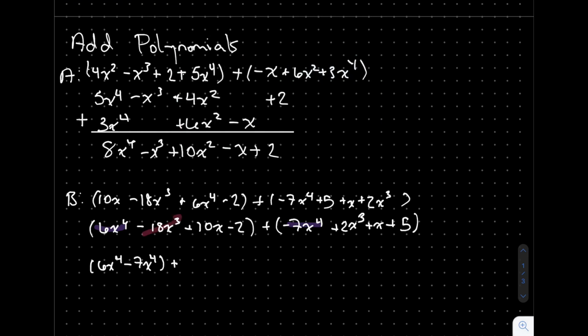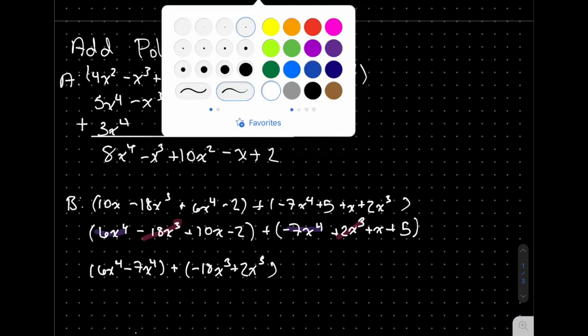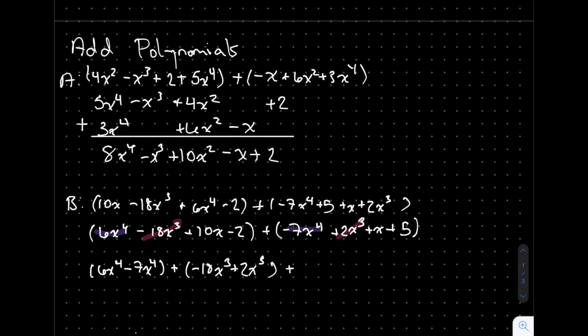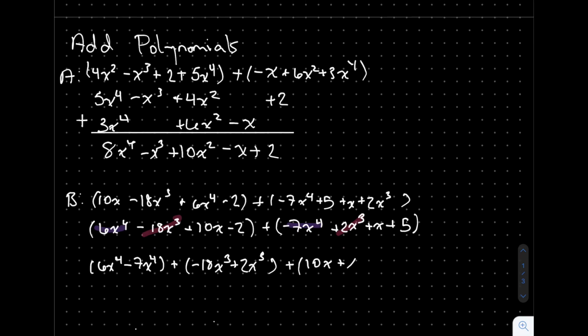So next up is negative 18x cubed and plus 2x cubed. All right, next up would be plus 10x and plus x. And finally, negative 2 plus 5.